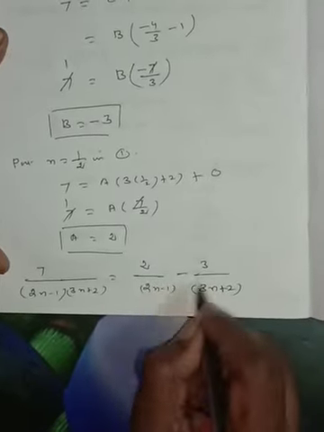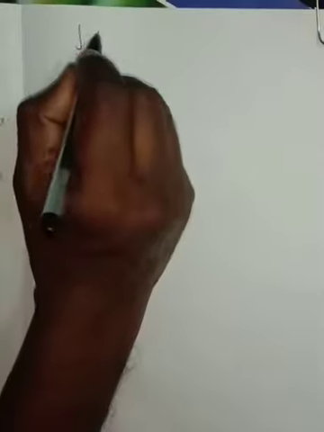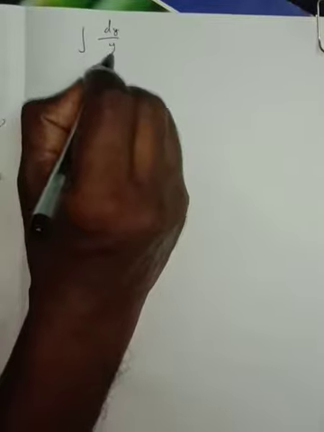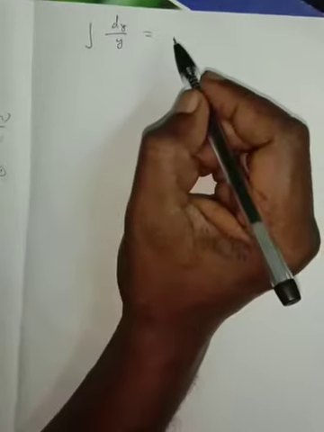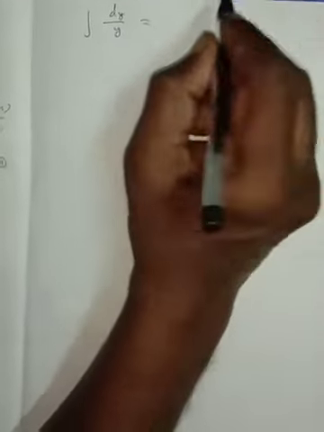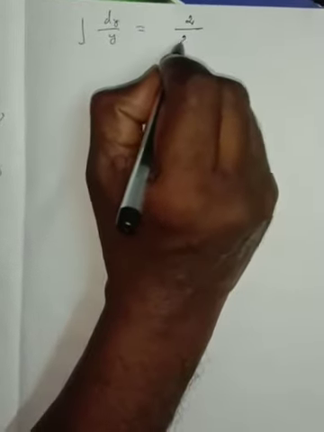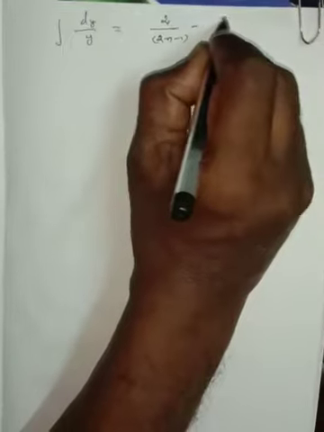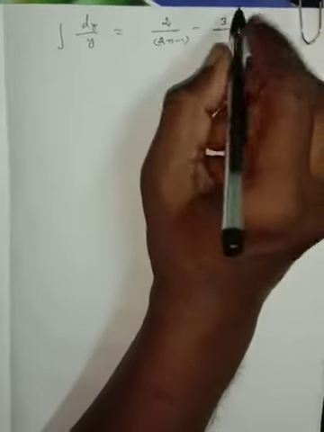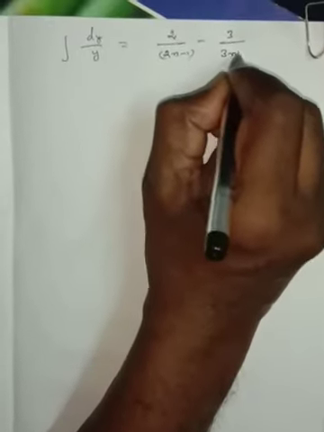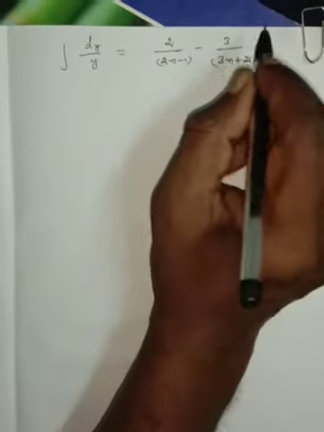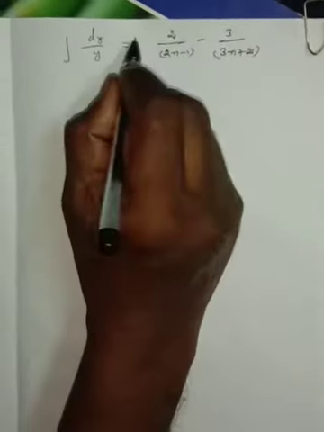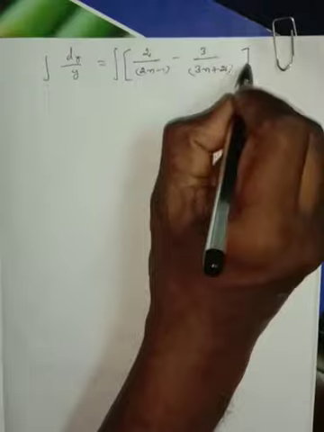So integrating, the integral of dy divided by y is equal to the integral of [2 by (2x minus 1) minus 3 by (3x plus 2)] into dx.